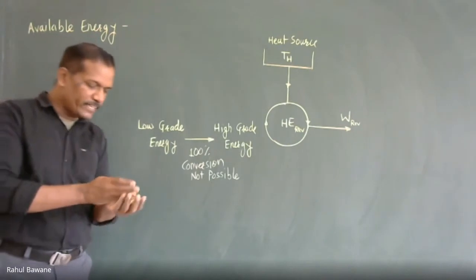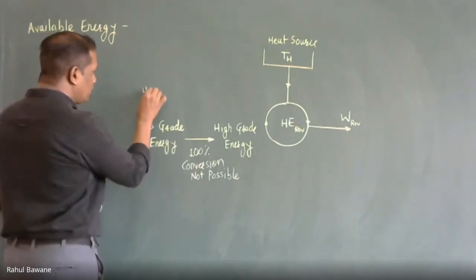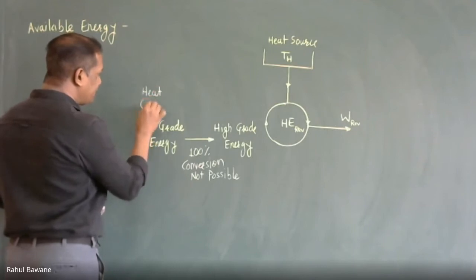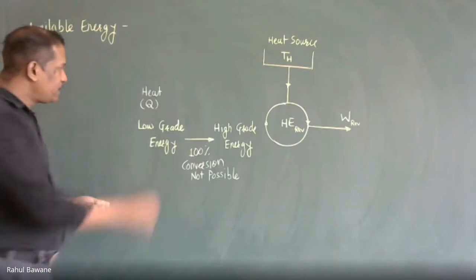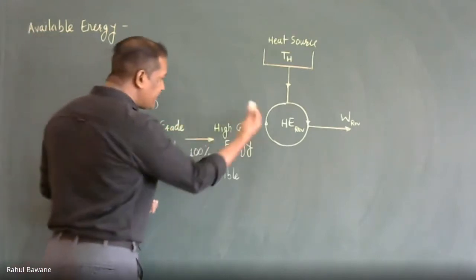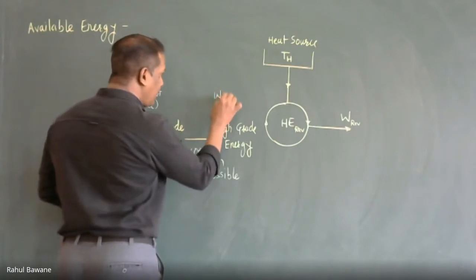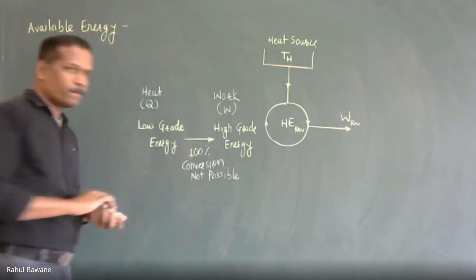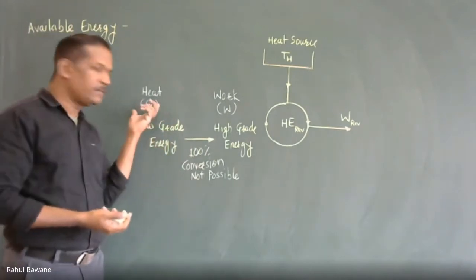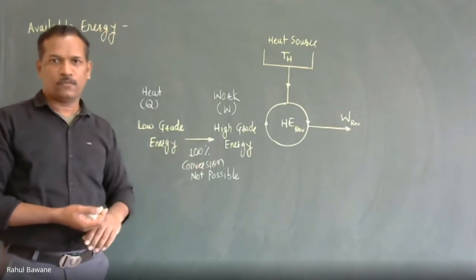Now, which is the low grade energy? Heat is a low grade energy. So heat cannot be completely converted into high grade energy, and work is a high grade energy. So it is not possible to convert 100% heat into work.